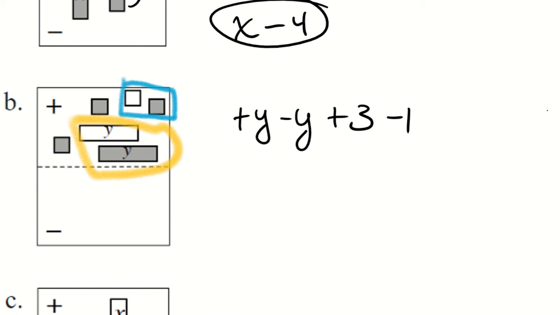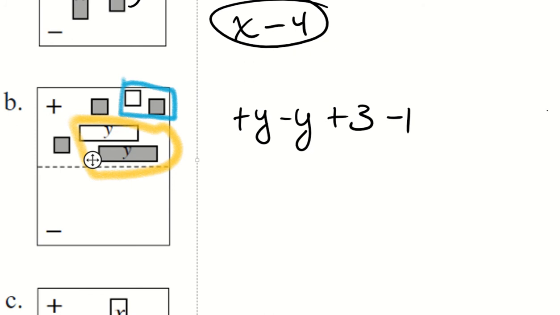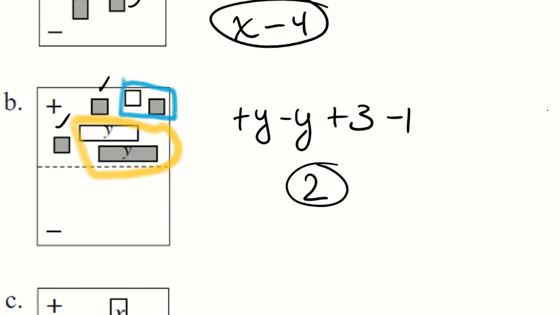So we're literally left with just the number 2. A positive y, negative y is 0, and then 3 minus 1 is equal to 2. So this entire expression mat is just the number 2, and you can see the 2 are those two positive values that are left over there.